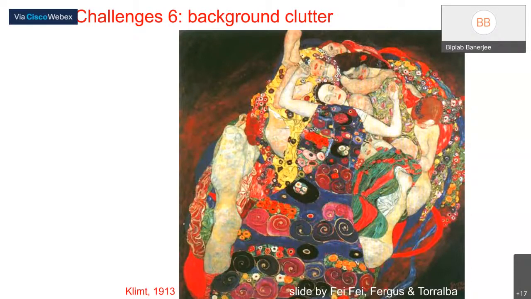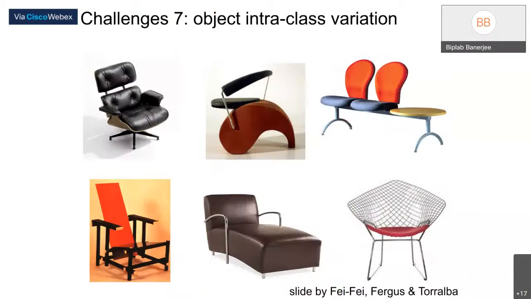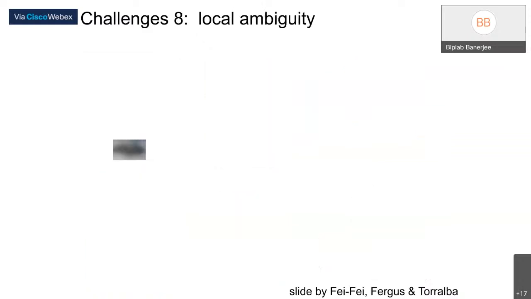If the background is very cluttered and complex, the recognition of the foreground object may be affected. Then there is intra-class variation: within the same category, the objects may have very different appearance. So how can we identify all of these to be a chair, unless we have enough labeled data in our training set?